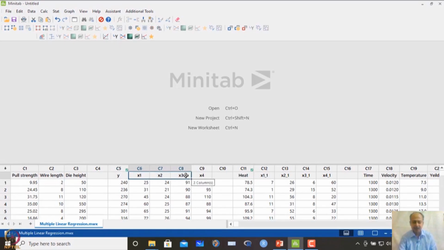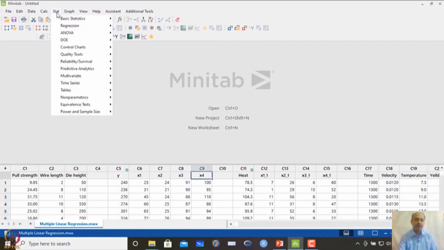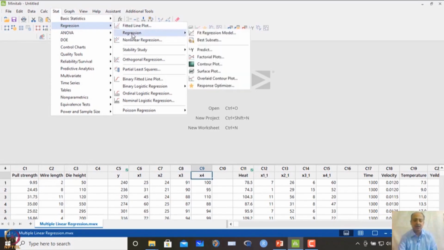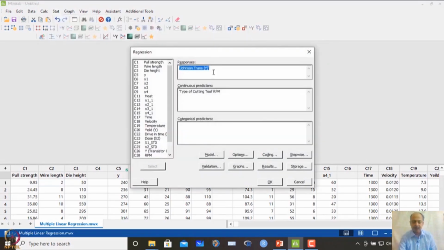These are the variables, from C5 to C9, where C5 is the y and C6 to C9 are the 4 variables. We go to Stat, then Regression, and then Fit Regression Model. We select y and the set of x, that is x1, x2, x3 and x4.